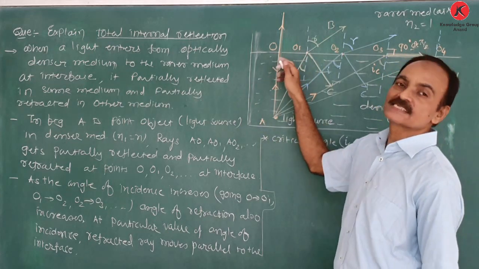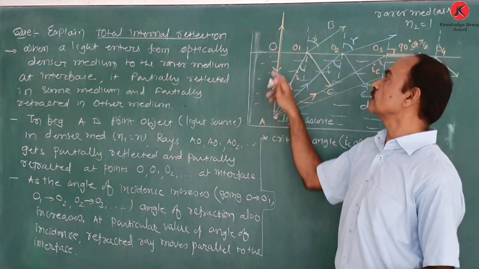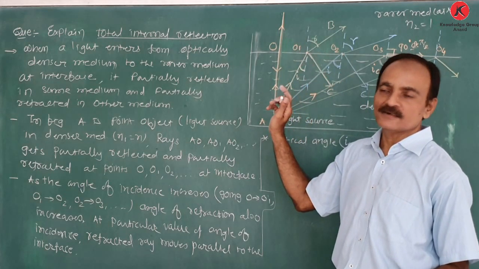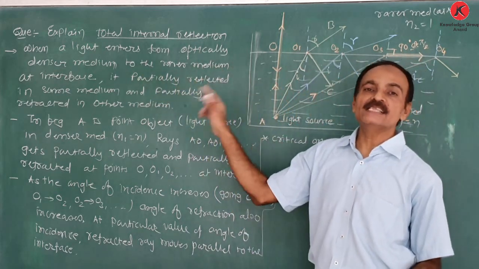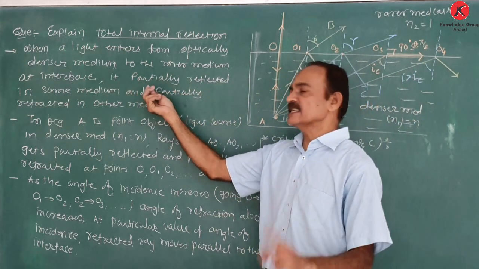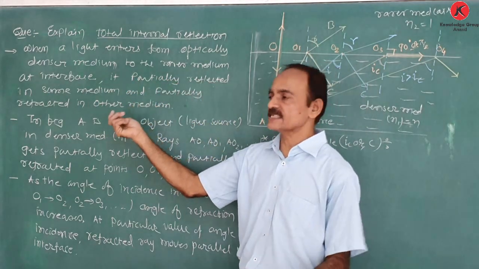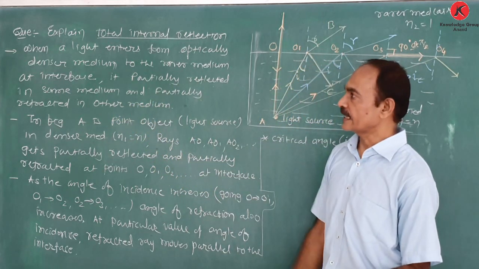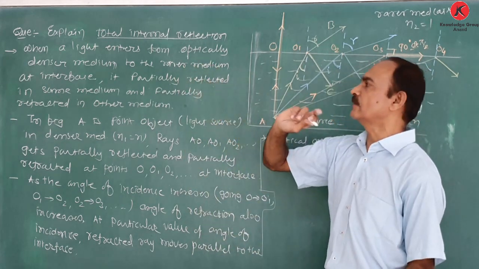Even if the light ray is incident normally, it is partially reflected and partially transmitted. Again, what happens when light enters from an optically denser medium to a rarer medium?